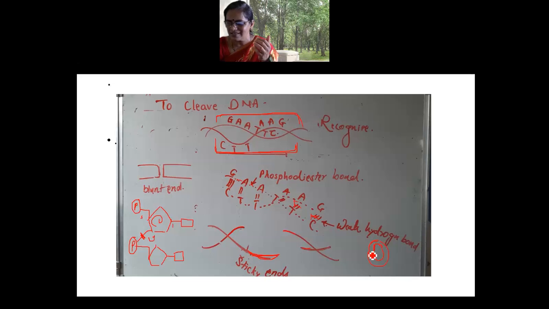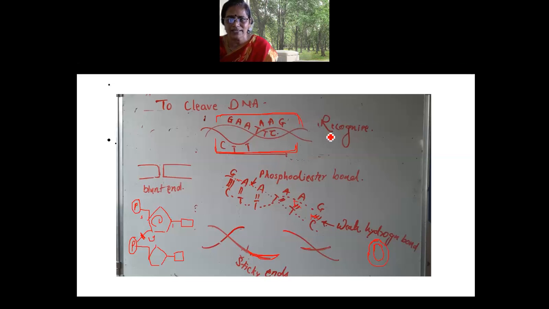It sticks to the plasmid. That's why it is called the sticky strands. Okay. So the sticky strands are produced during the cleavage and Mg++ ions are required for the cleavage. So this is the cleavage pattern to cleave the DNA by the restriction endonuclease enzyme.